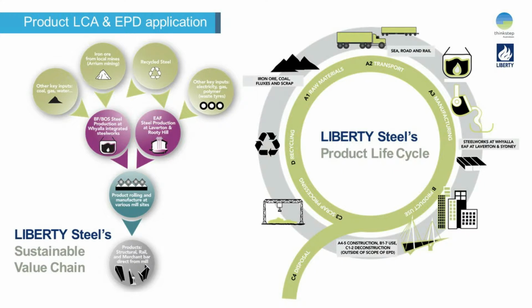We produce the steel in electric arc furnaces or blast furnaces. We then produce from the steel slab or billet, hot roll structural products, rail products, and reinforcing products. Any runaround scrap that's generated as part of the manufacturing process then gets reprocessed back through that circular supply chain there.